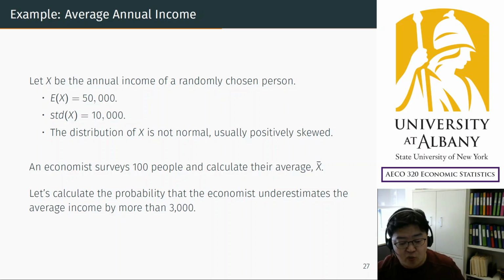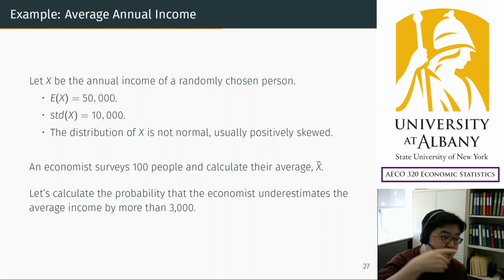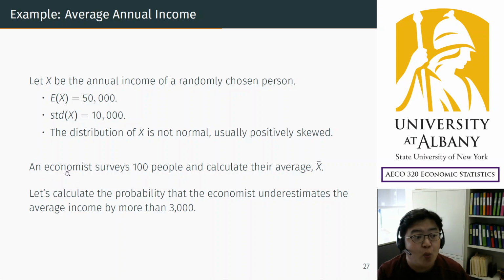But what we do in practice is exactly the other way. We are this economist. We should be this economist, and we have to learn how much error my estimator can have. So that is what statistics does, the ultimate goal of statistics.